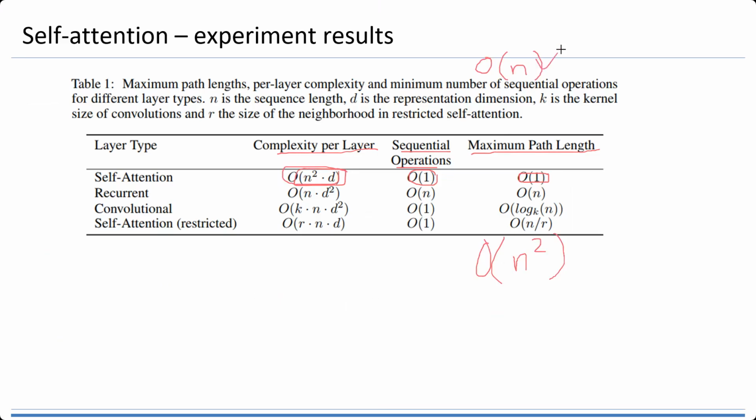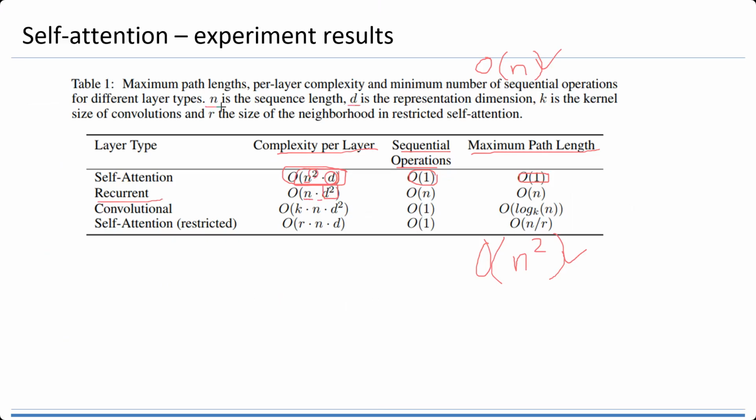The linear function is better than the quadratic function. But if you look at this one, n^2 multiplied by d. Meanwhile, with the recurrent, it is n multiplied by d^2. So the quadratic is different in the variable.